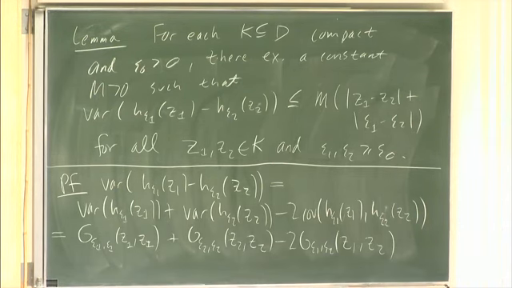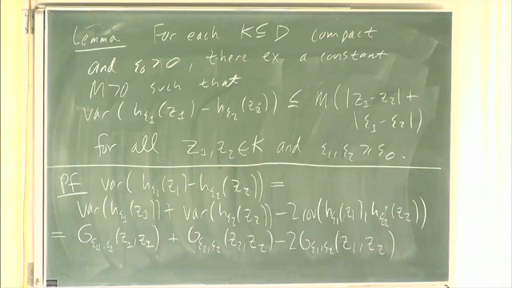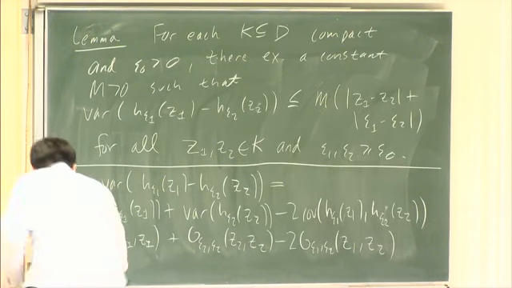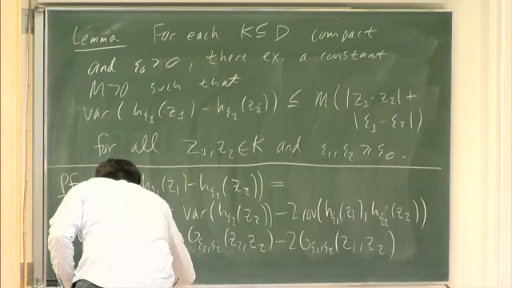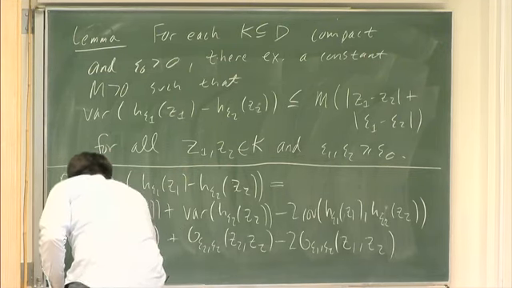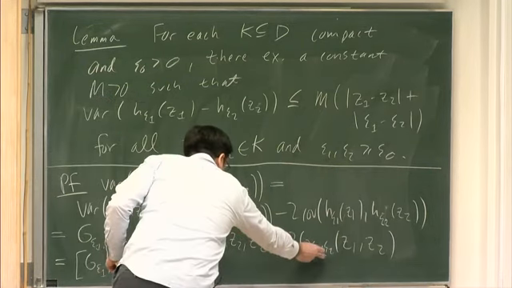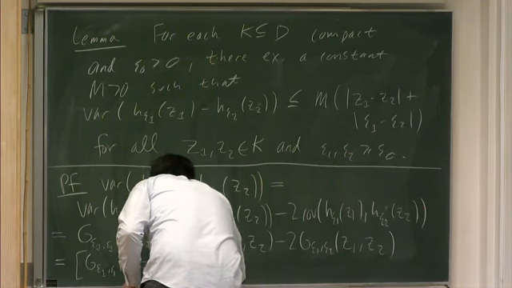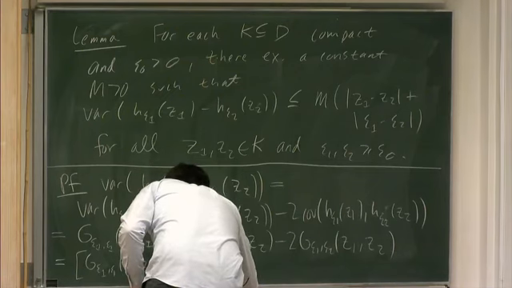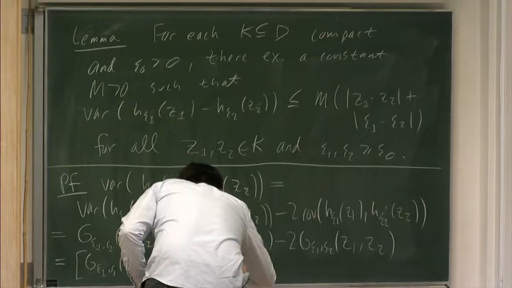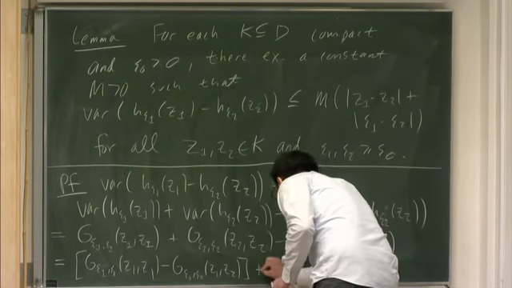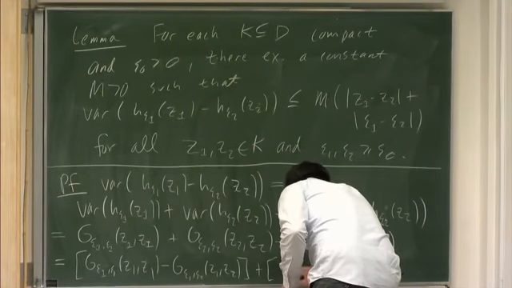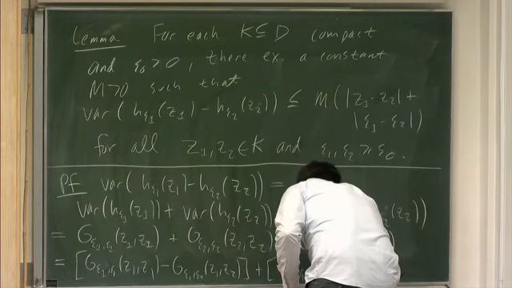You can rewrite this a little bit more suggestively as G epsilon 1 of Z1, Z1. I'm going to take one of these two terms here and pair it with the first term, so I have G epsilon 1, epsilon 2 of Z1, Z2. And then I can pair together the other two terms, I get G epsilon 2 of Z2, Z2.